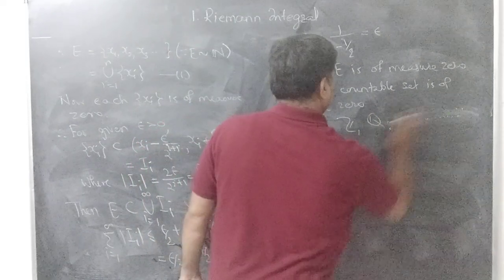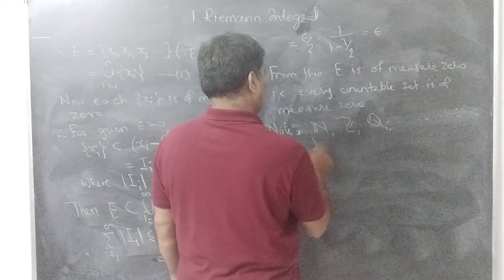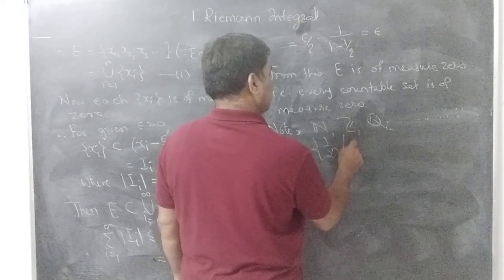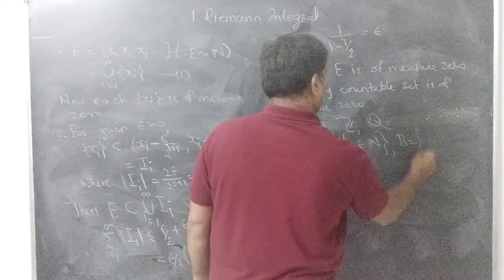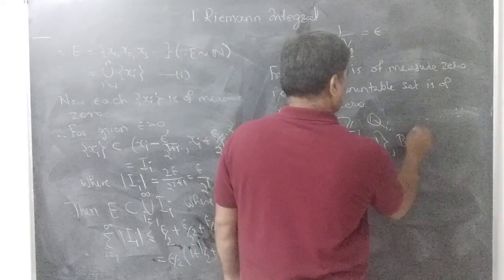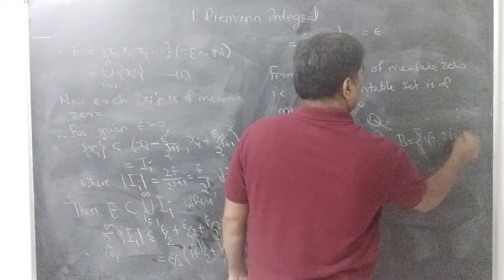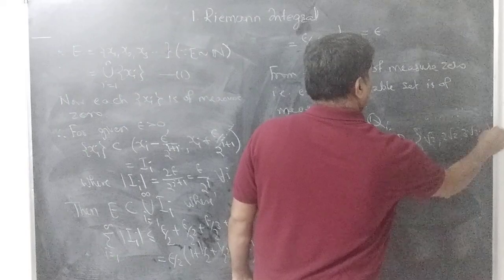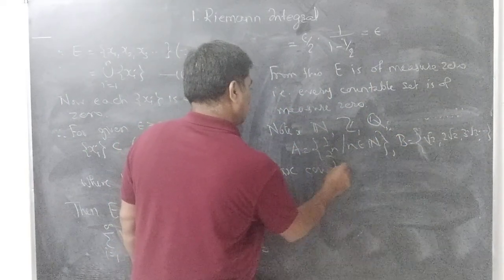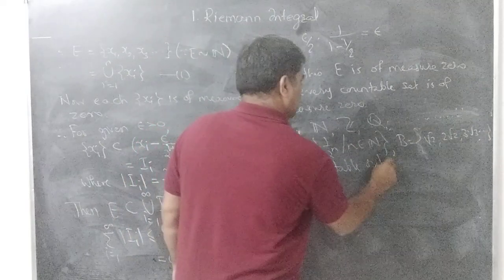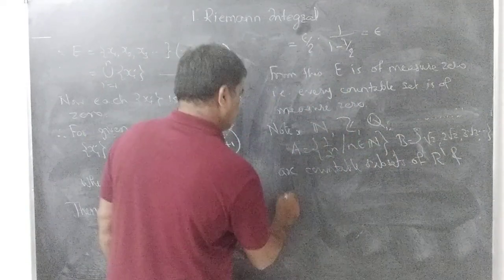Or A equal to 1 upon 2 raised to n where n is in N, or B equal to root 2, 2 root 2, 3 root 3 and so on, are countable subsets of R1, and hence of measure 0.